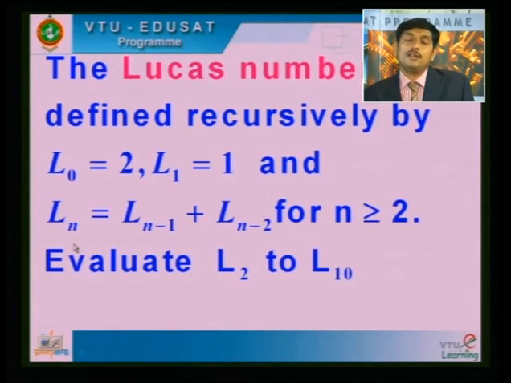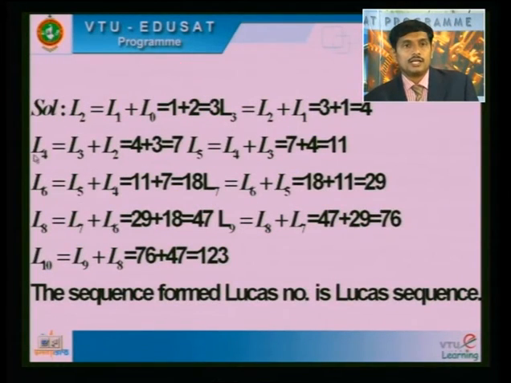Here also we adopt the same procedure as in the Fibonacci numbers. In the Lucas numbers, if you put n equal to 2, L2 equals L1 plus L0, you get 3.